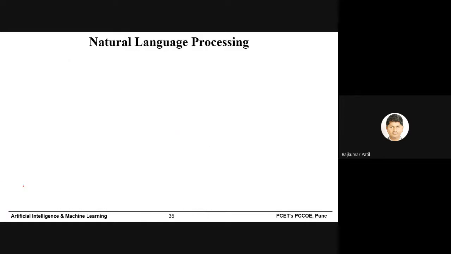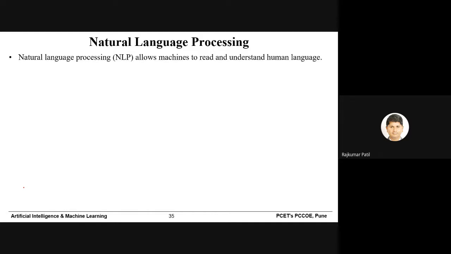Again, in previous classes we already discussed natural language processing. For example, suppose you write a one page write-up upon a particular content, and you know that your English is not up to the mark. In that case, you take the help of Grammarly. Grammarly tries to identify the mistakes in your text and recommends certain modifications.